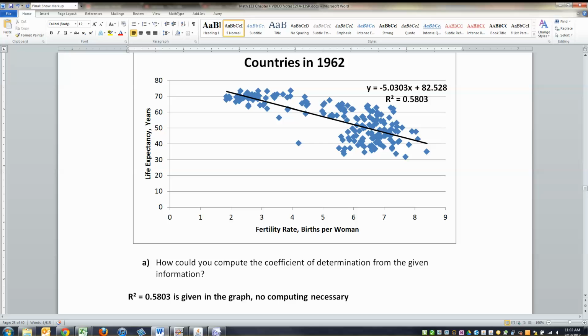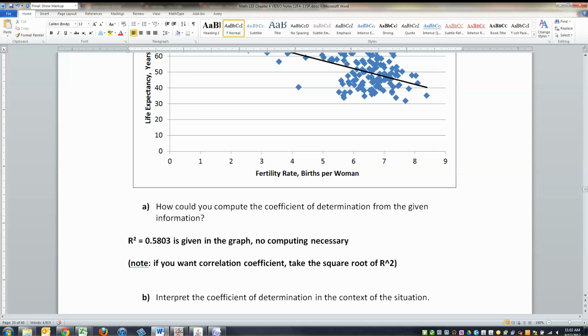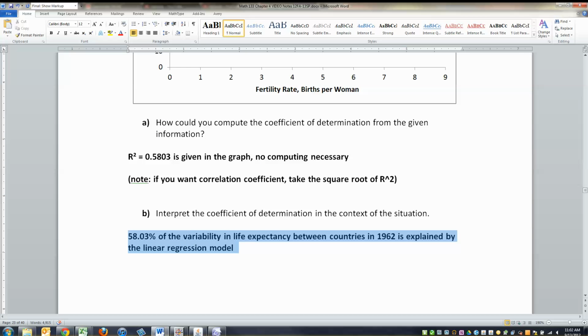Which means, of course, you've got some up and down. Like you've got wealthy countries here and some of them are lower, and you've got poor countries here and some of them have low life expectancy and some of them have high life expectancy, right? Why do you see so much variability? Well, 58% of it is explained by that model, but that means like 42% or so is happening for reasons that the model's not accounting for.